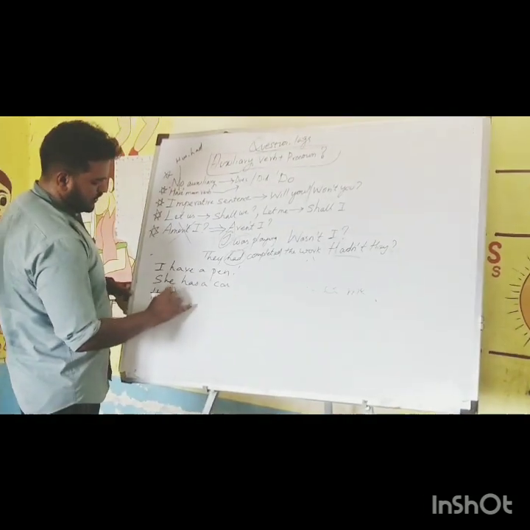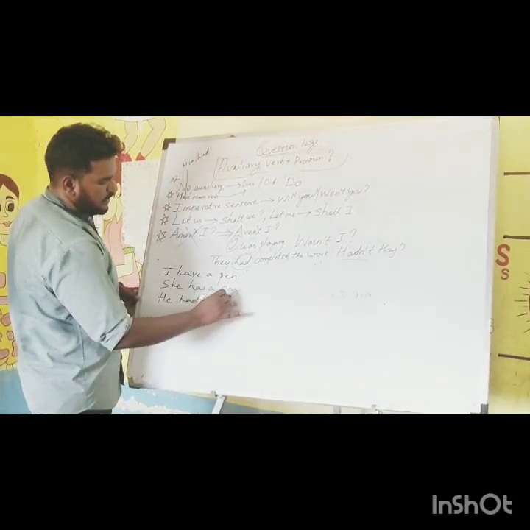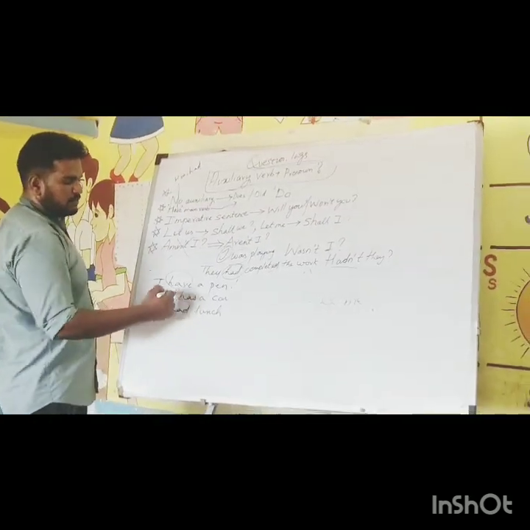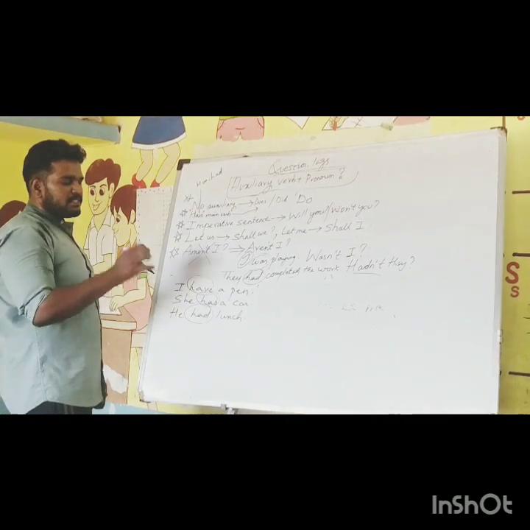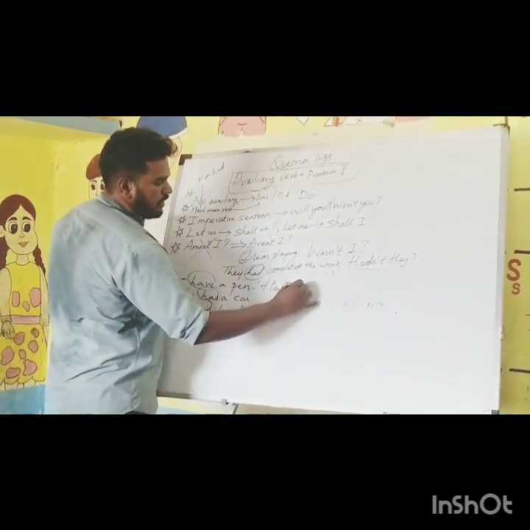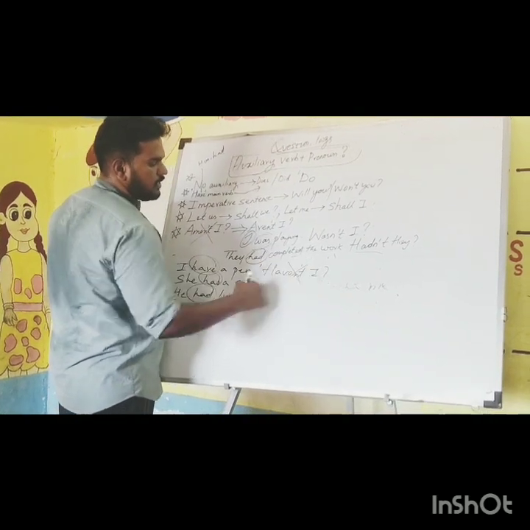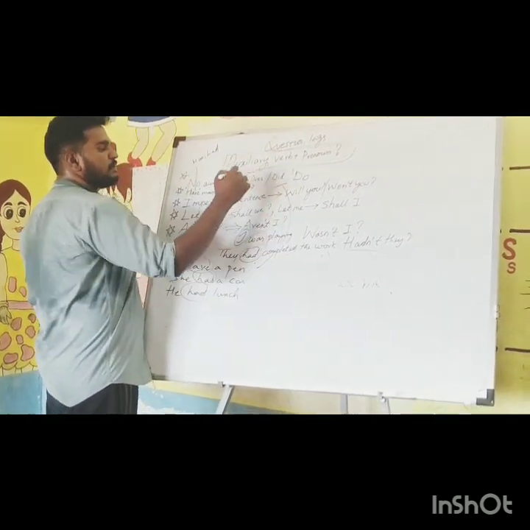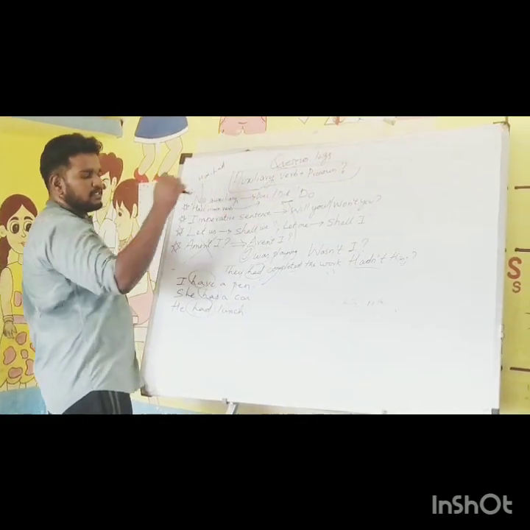He had lunch. So we can see here, in these sentences, have is main verb. It is not supporting. Has is main verb. Had is main verb. In such a case, you cannot write haven't I. Haven't I is wrong here. We have to go for this rule. When there is no auxiliary, what we will do? We will go to do, does, did.